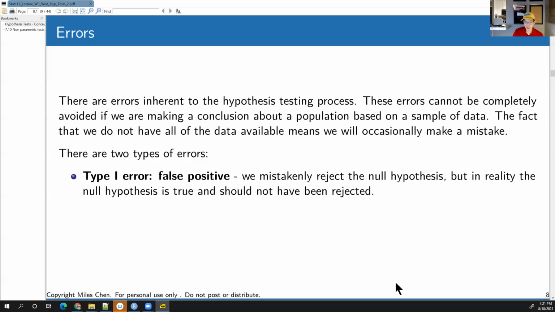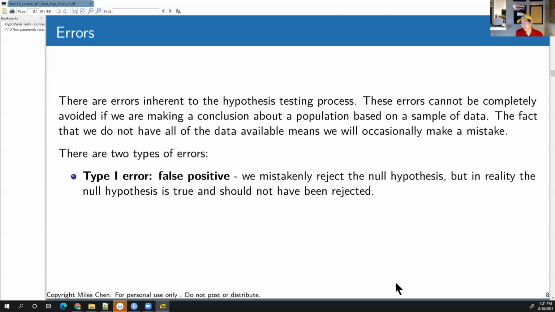The type 1 error, later on, we decided, oh, you know what? It makes more sense to call this the false positive. And so we can call the type 1 error the false positive, but it's also known as the type 1, okay? And this means we have rejected the null hypothesis. Our decision, based on the data we see, our decision following the process, okay, is that we are going to reject the null hypothesis.